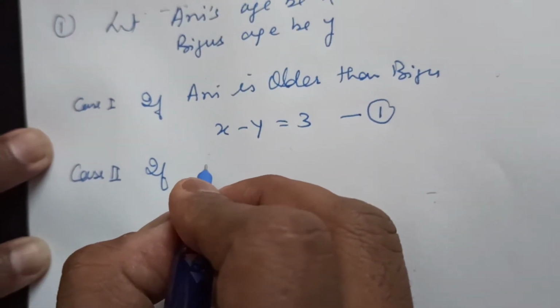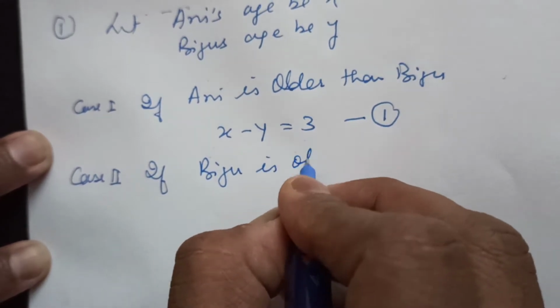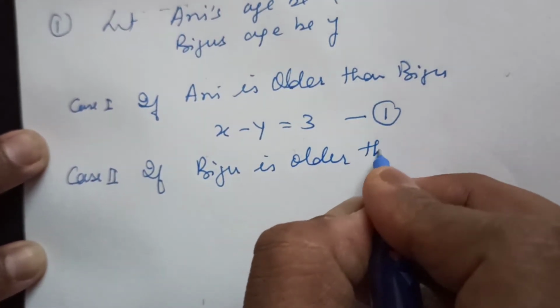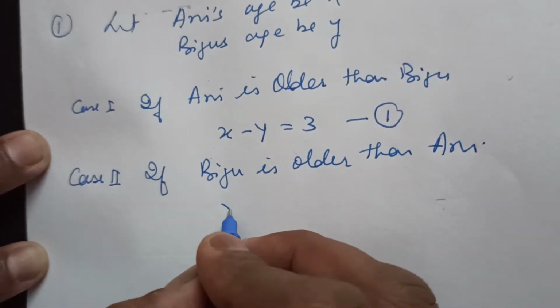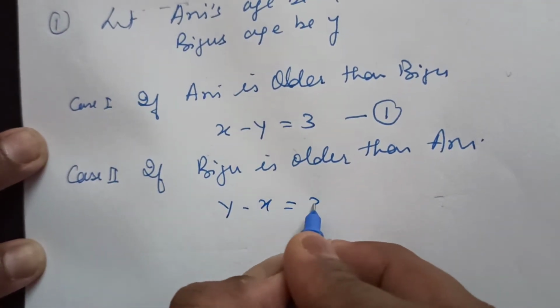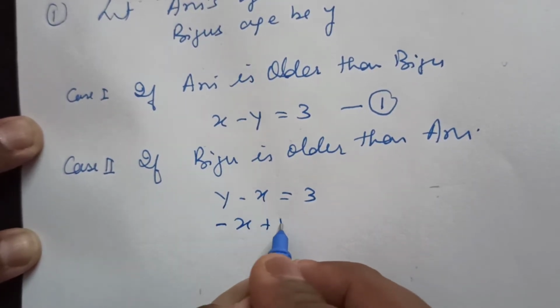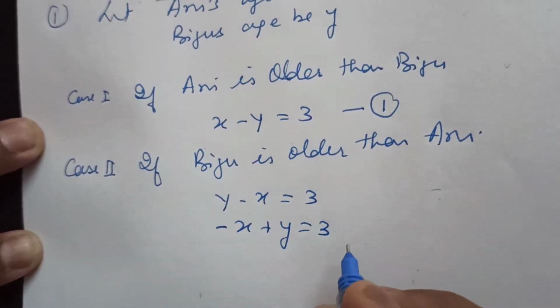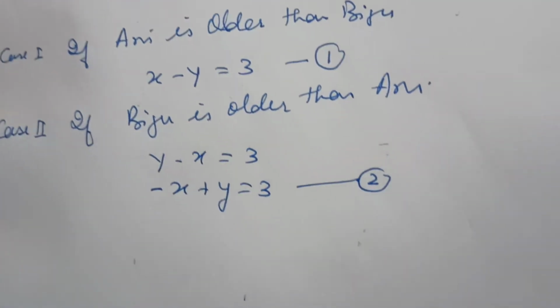If Biju is older than Ani, then what happens? We will have Y minus X is equal to 3, or we rearrange it as minus X plus Y is equal to 3. So this will be our second equation.